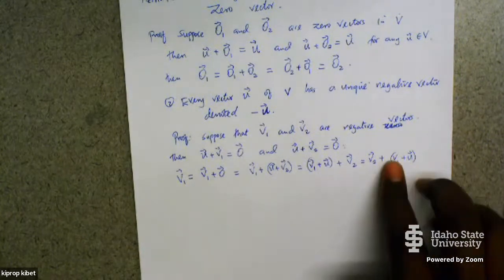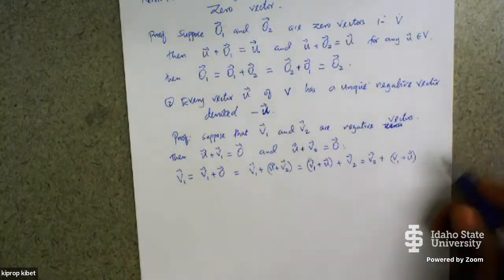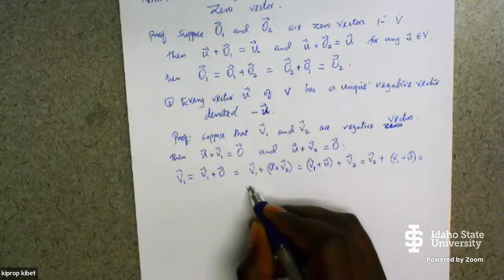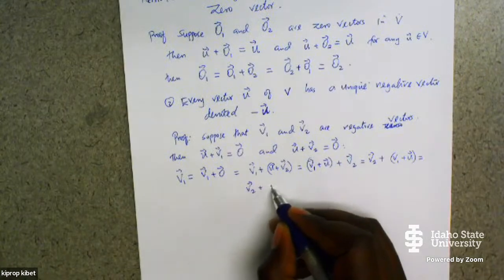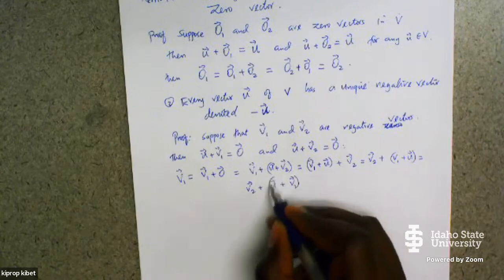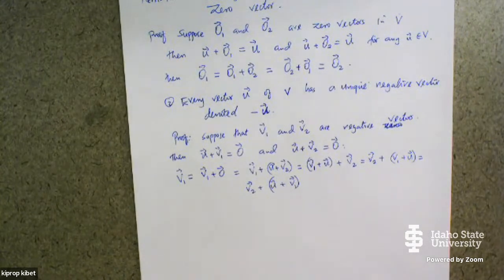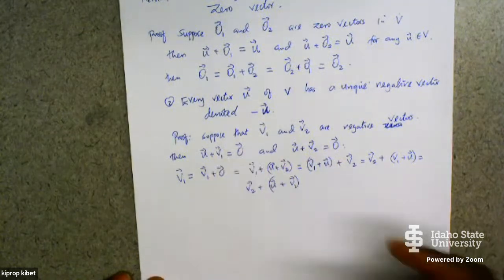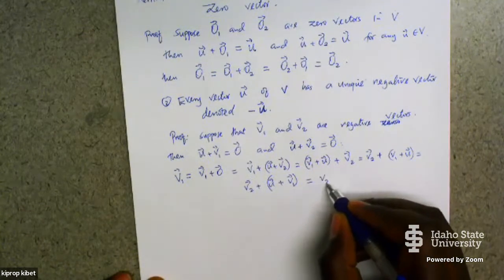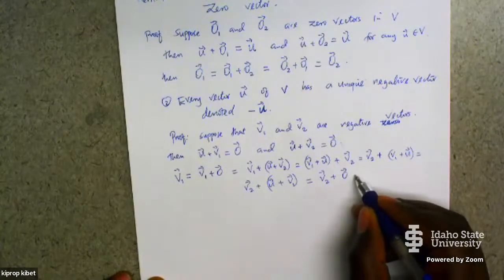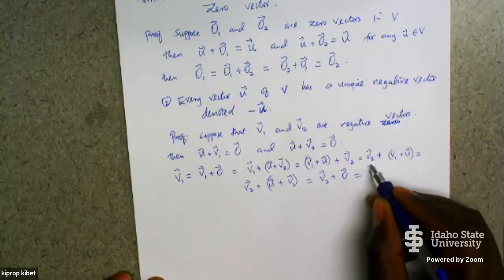And the inside here can also commute. This equals v2 plus u plus v1, which is v2 plus the 0 vector, and therefore equals v2.